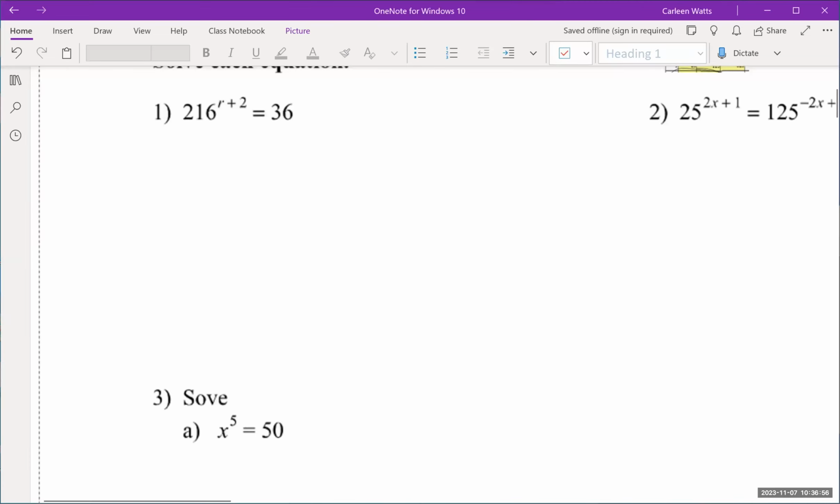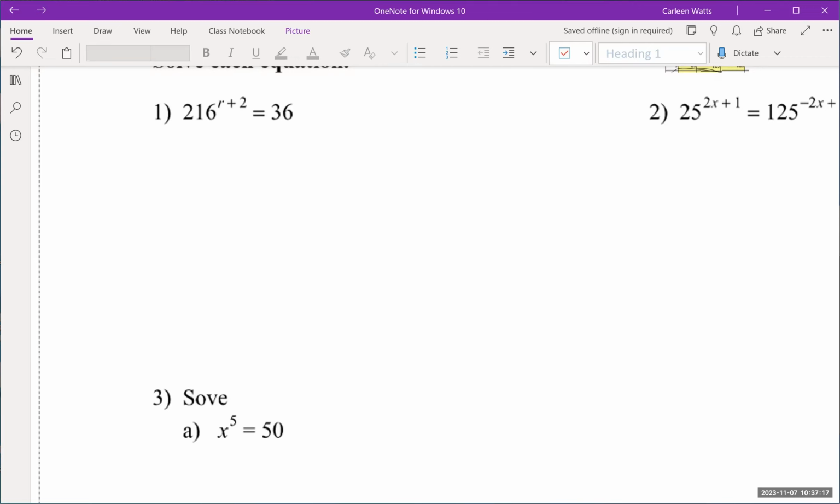Now I need you to look at number 1 and number 3. They are equations to solve, but they are very, very different. 1 and 2 are very different from number 3. So the question is, where is the variable?